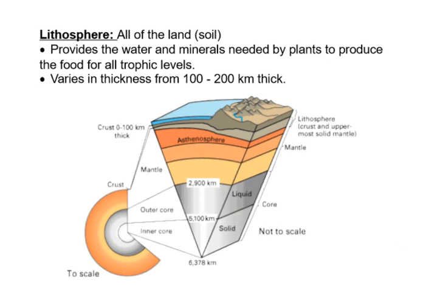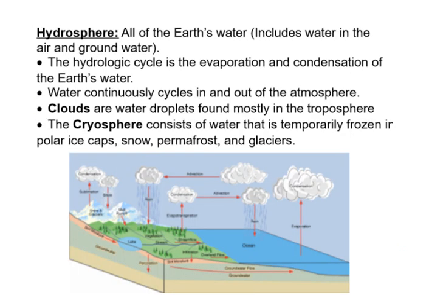So that's the lithosphere. Then there's the hydrosphere. Hydro for water, right? If there's ever any water involved, that's the hydrosphere. You might have seen a picture like this before, where the ocean evaporates and turns into clouds, then those clouds move over here and it rains, which is condensation, and then the water runs down the mountains and back into the lakes or oceans, and it just repeats itself.